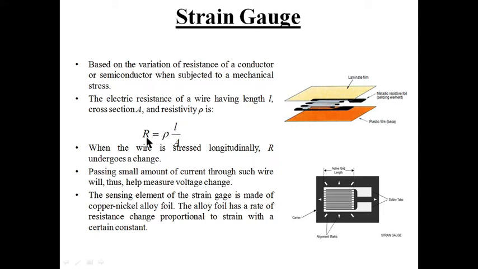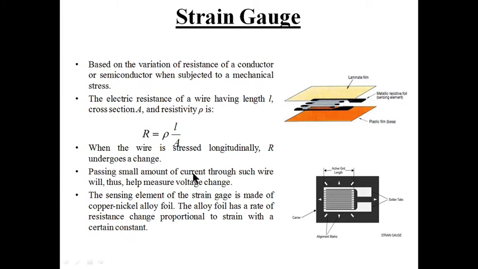So R is directly proportional to L. When the length of the wire increases, or when the wire is stressed longitudinally, R undergoes a positive change. Passing a small amount of current through the wire under stress or force helps us measure the voltage change, and by measuring this voltage change, we can calculate the applied force.